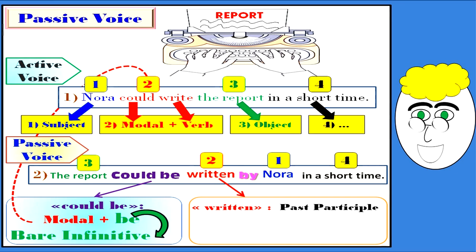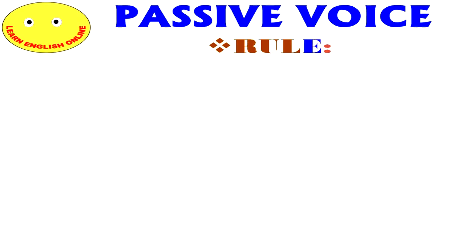To remind you, to form the past participle, we need to know first the type of the verb. If it is a regular verb, we add ed, d, or ied. But if the verb is irregular, we need to learn a list by heart. Okay?